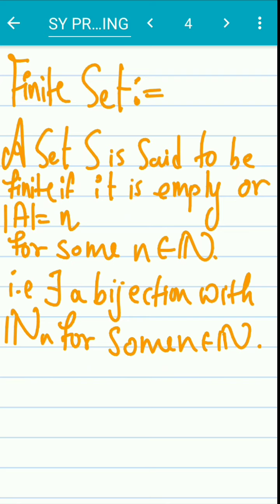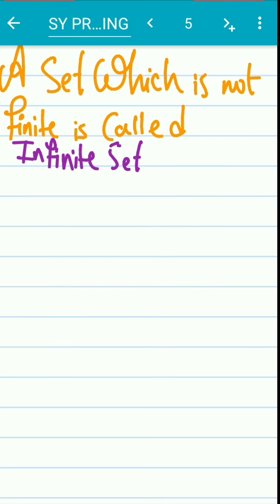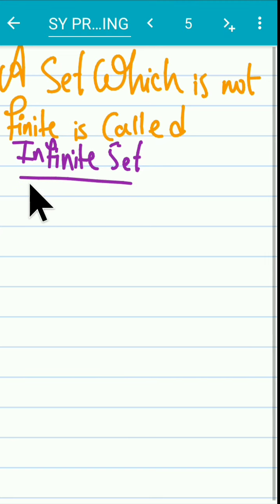Okay, so after this, what is the meaning of an infinite set? An infinite set is nothing but a set which is not finite. Let us try to define this mathematically.